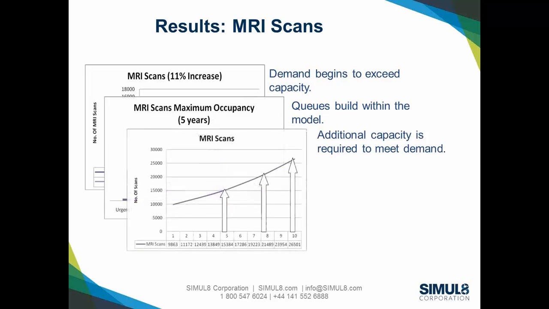And what they could see was that in year 5 they had a point when everything reached 100% and you couldn't carry out any more activity, so you would need to add a scanner at that point. And then there was another crunch point around year 8 and another one at year 10. So they were trying to understand at what point they would need to invest in new scanners.